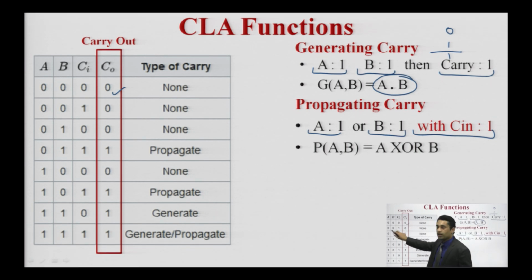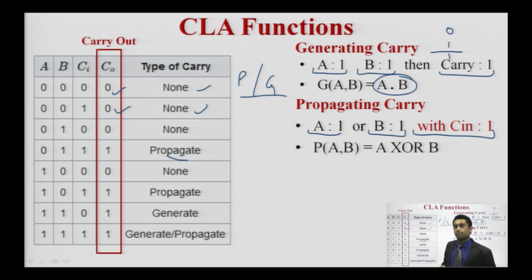In this case, either A or B should be 1, but both are 0. So no carry is propagated or generated. None of the operations from propagation and generation is performed. Our focus is on propagation, meaning propagating a carry, and generation of a new carry.